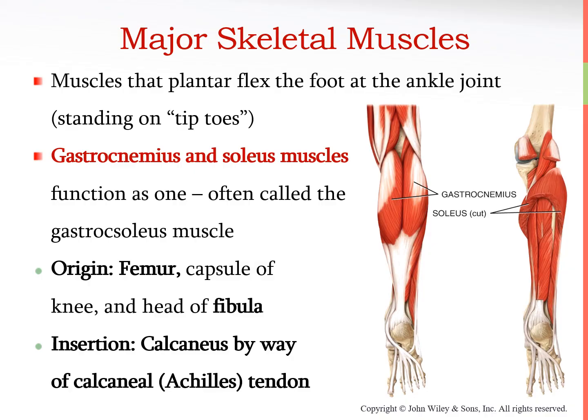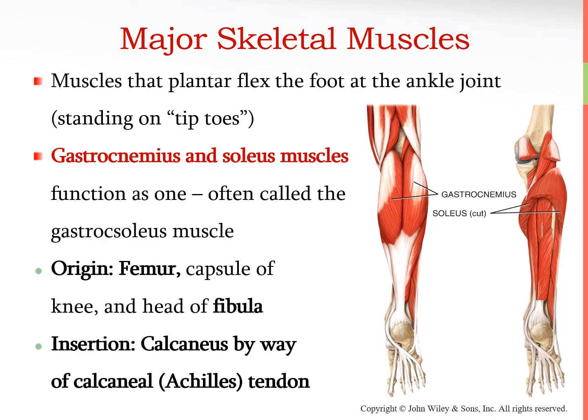And now we have our final set of muscles, the muscles that form the posterior aspect of the crural region or the sural muscles. Together they work to plantar flex the foot at the ankle joint. So the gastrocnemius and soleus muscles function as one and are often called the gastrosoleus muscle.